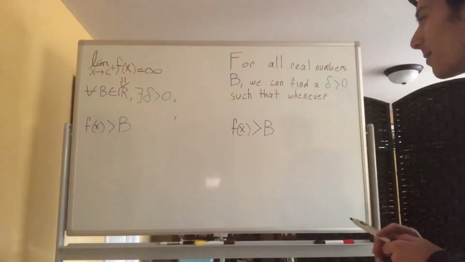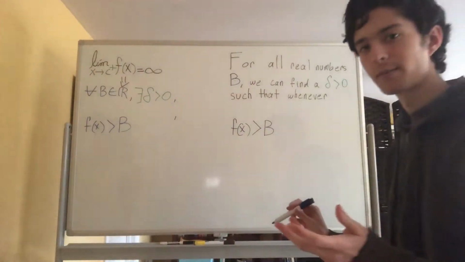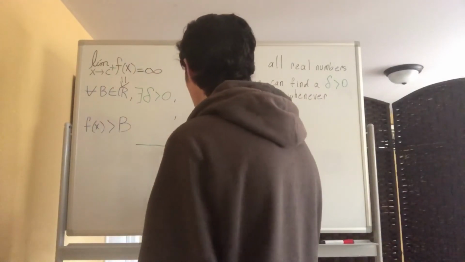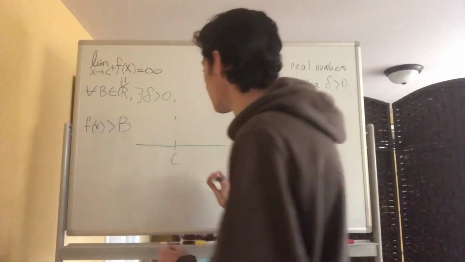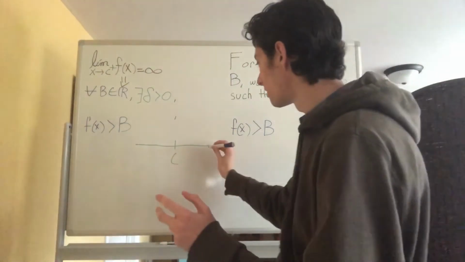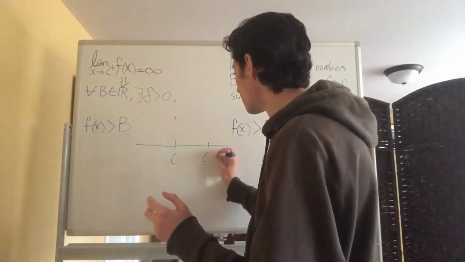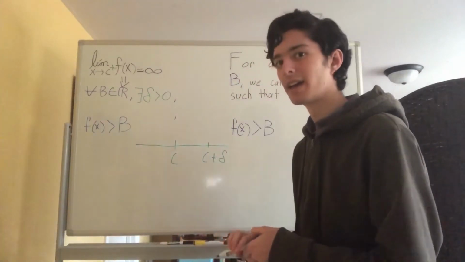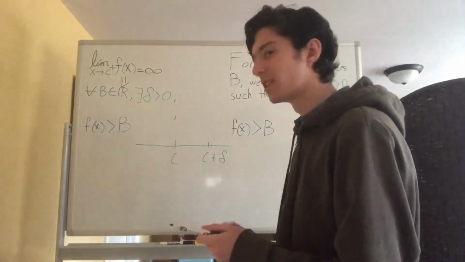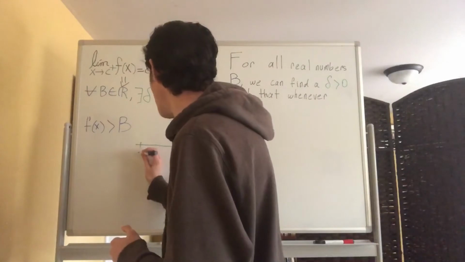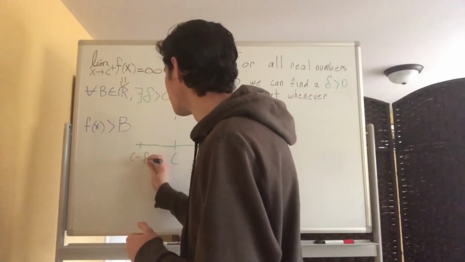So again, we can think about the concept of our width with c here. If our width is delta, that means there is some c plus that width delta. And going to the left side of our width will be c minus delta.